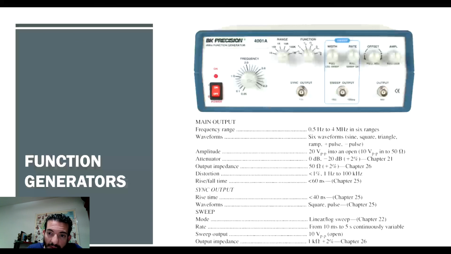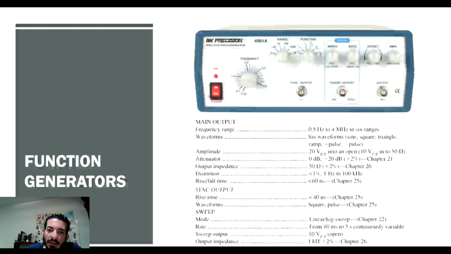We have terms of dB, and we have impedance. We'll talk about impedance. Distortion, if you want to have a wave that is distorted, to modulate or to characterize noise. We have rise and fall times. We'll talk about that. We have different waveforms. We saw that. We have impedances, input and output.